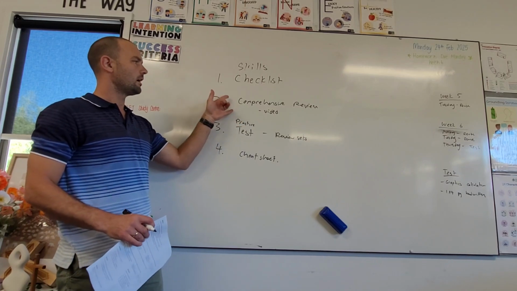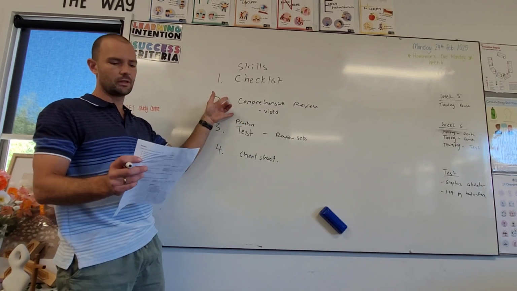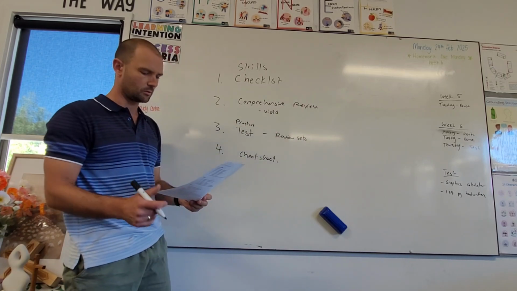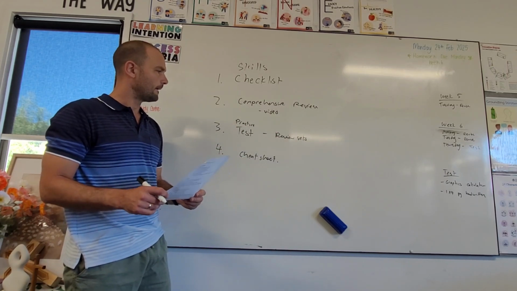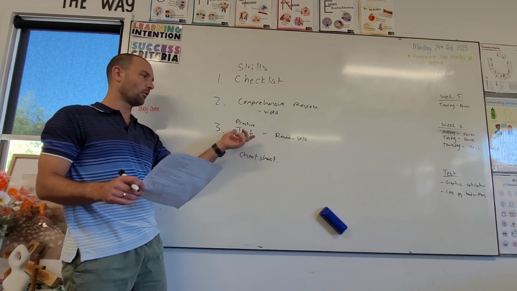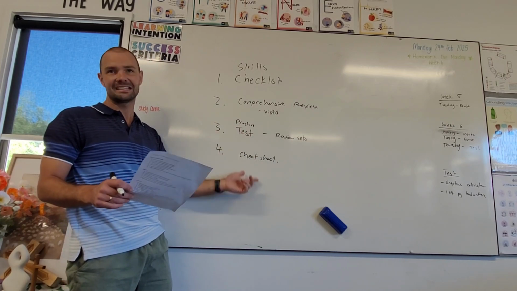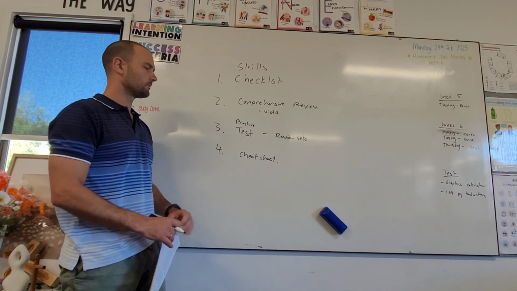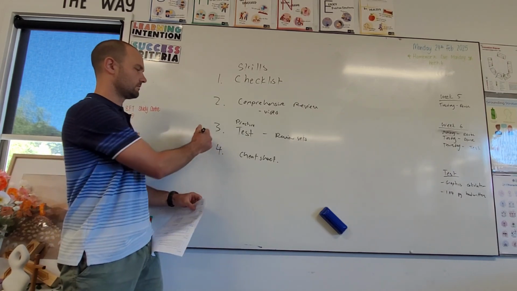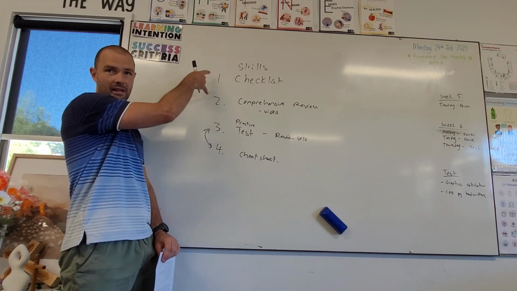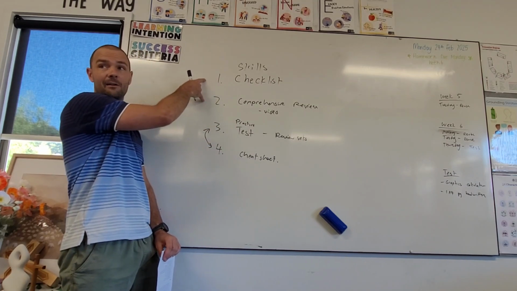The comprehensive review gives us a good summary, a good stretch of the brain about what the skills in the test are. Some people might want to write their cheat sheet before they do the practice test, then they can add to it as they do the practice test. That's really up to you. The order of these you can swap if you like, I don't really care about that, but definitely today and before next week, that's where I want us to dedicate our efforts.